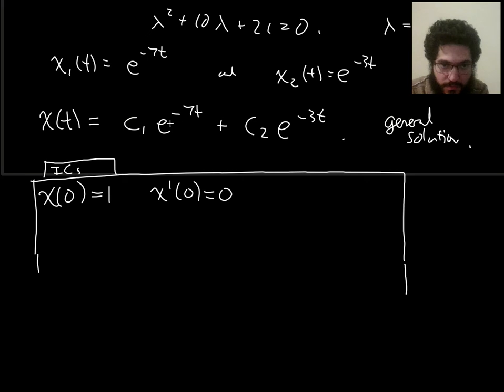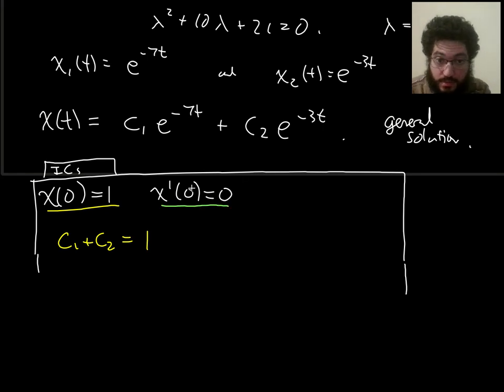So x of 0 would be c1 times 1 plus c2 times 1. So this equation is c1 plus c2 equals 1. And this equation, well, to work out what is x prime of 0, I need to determine what is x prime first, right?